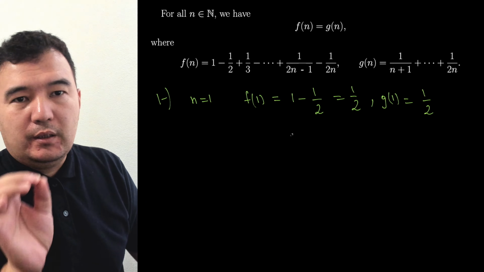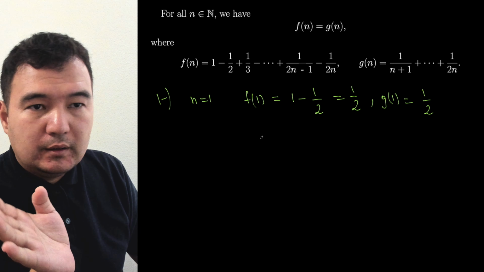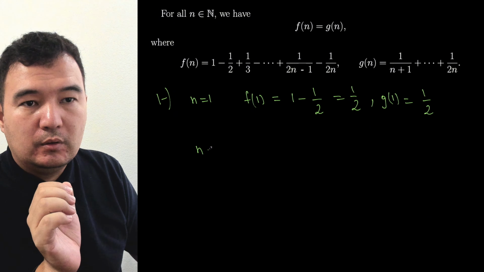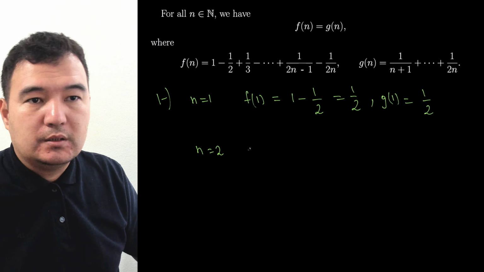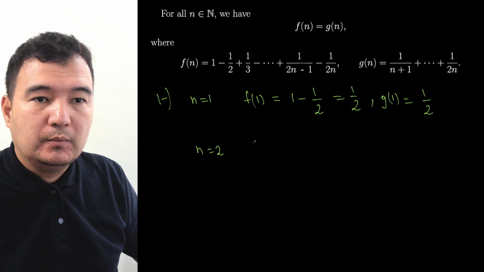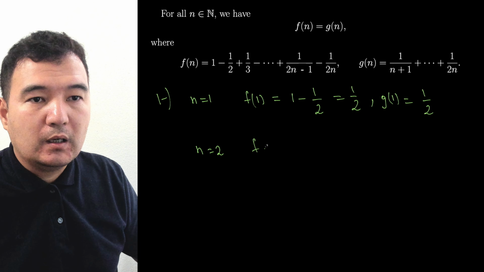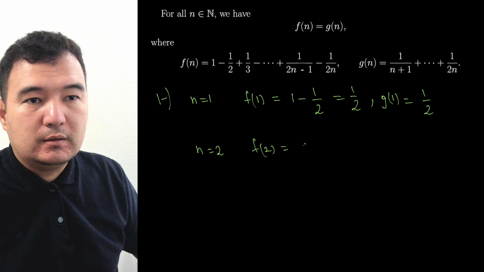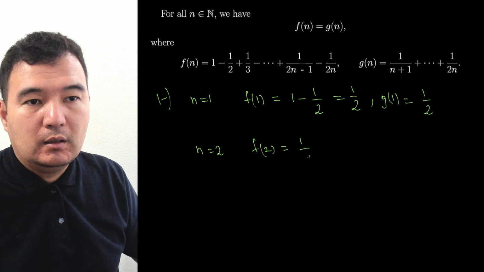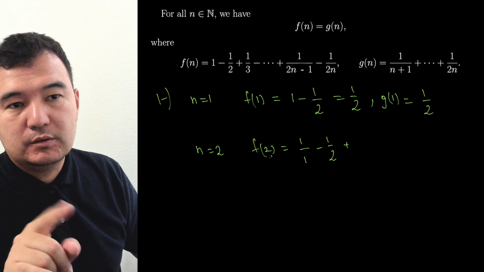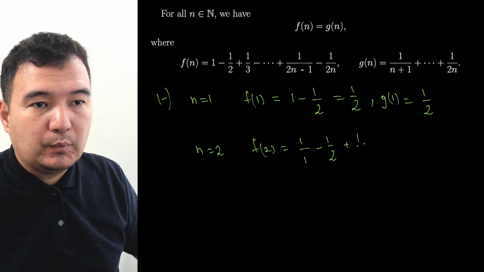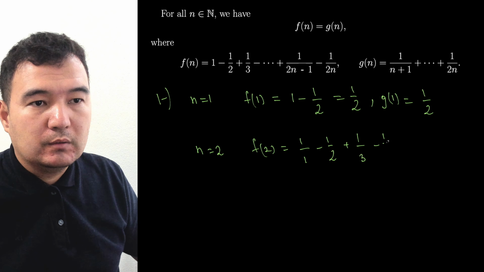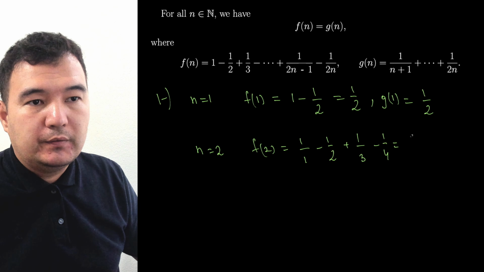In order to make it a little bit more clear, we can try to do the computations for n equal to 2. F of 2 is going to be the alternating sum 1 over 1 minus 1 over 2 and so on up to 4. So n is 2, we need to go up to minus 1 over 4. If you do the math here, it's going to be 7 over 12.